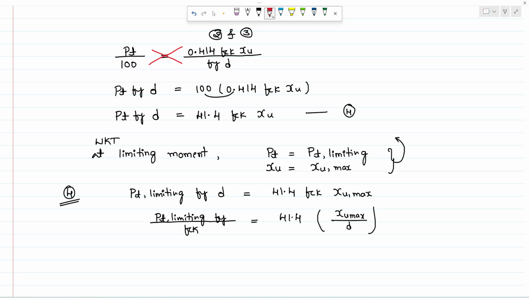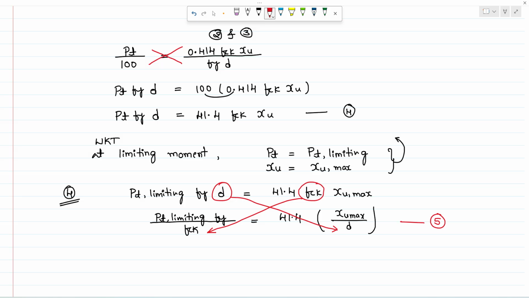Here it is simple. I have taken this fck in the denominator, and effective depth d, so I have taken it as Xu max by d. So this equation, call it as equation number 5.